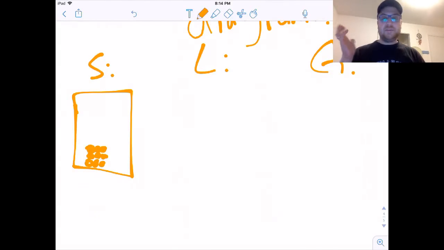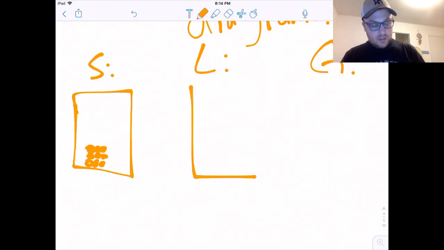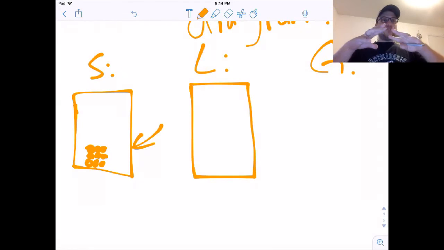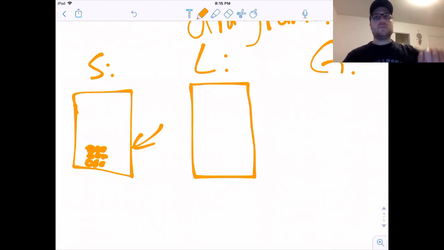A liquid, the key with a liquid is you want to take this solid here and just take those particles and spread them out along the bottom of the container. Just imagine you're pouring water into a bottle. If you pour it halfway up, it's going to go halfway up and stay there, but it goes from the bottom up. Not that it really makes a difference when we're grading these things, but I see a lot of people trying to draw liquids floating in midair.